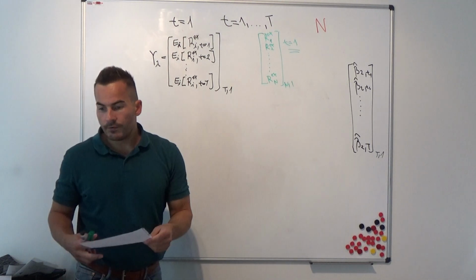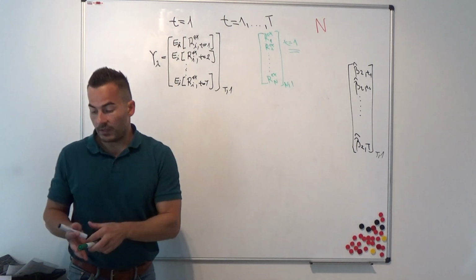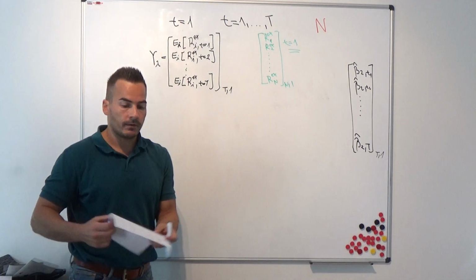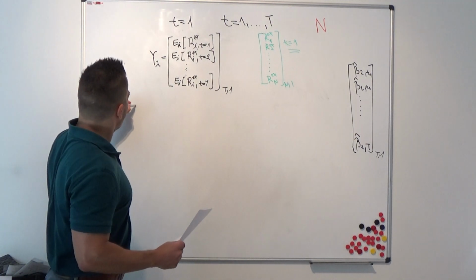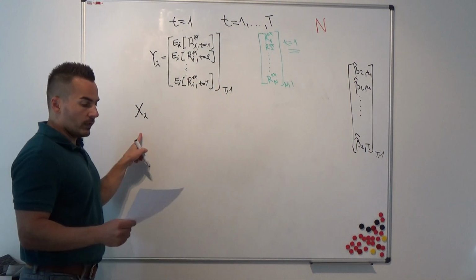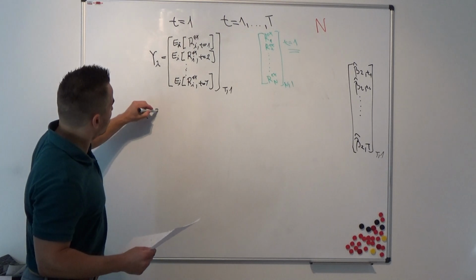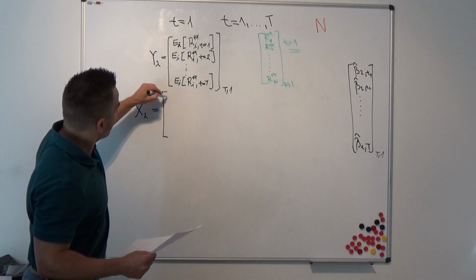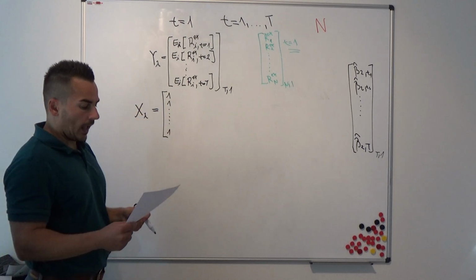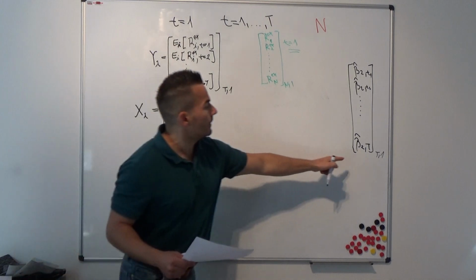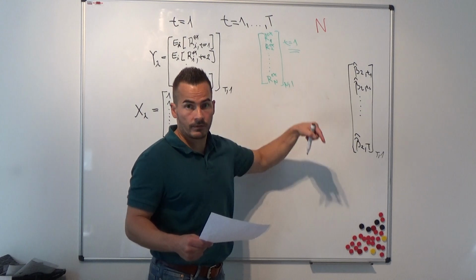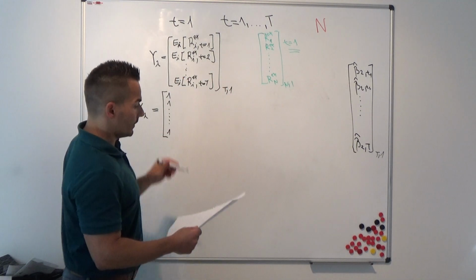So next we define a new matrix X, and we call it X lambda. We define X lambda as having a vector of 1s again in the first column, and in the second column we put this vector that we have already estimated previously. So we grab this vector and put it here.